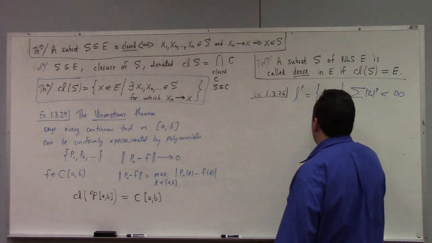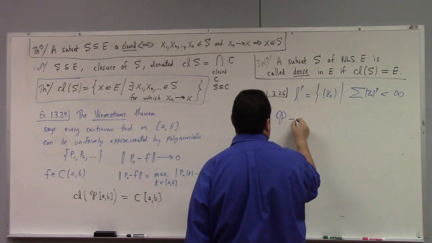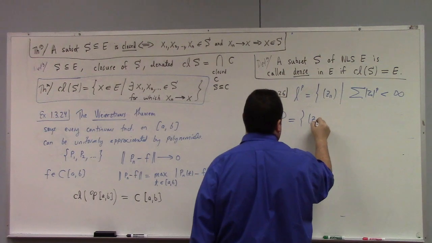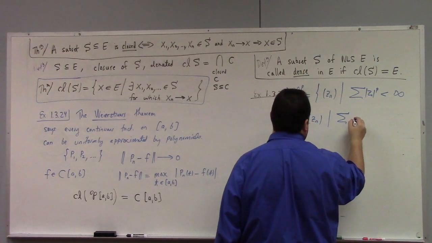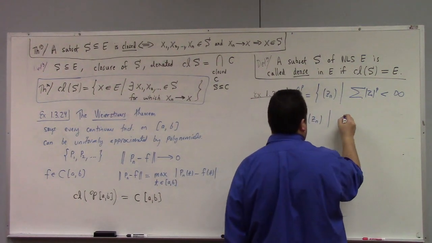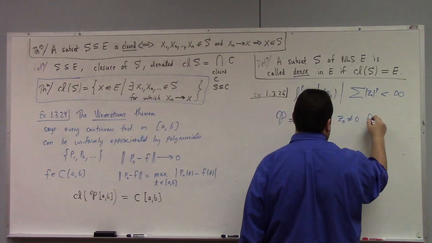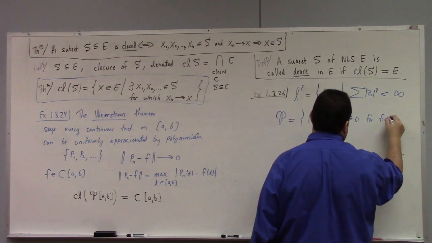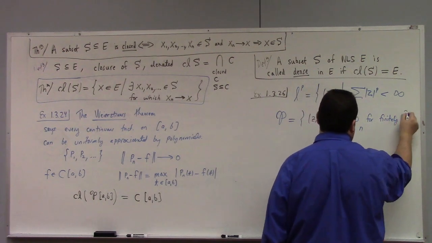So he's talking about polynomials in the sense that we're looking at z_n such that z_n is not equal to 0 for finitely many n.